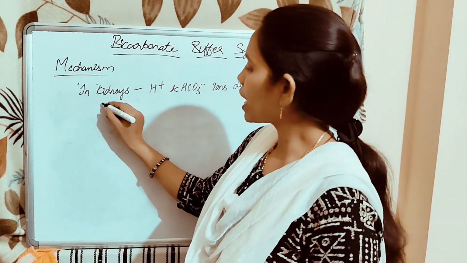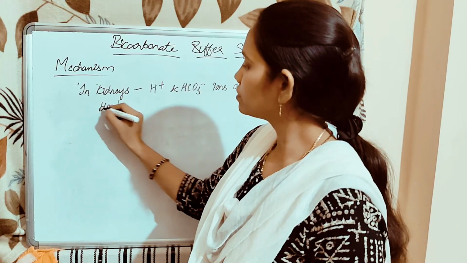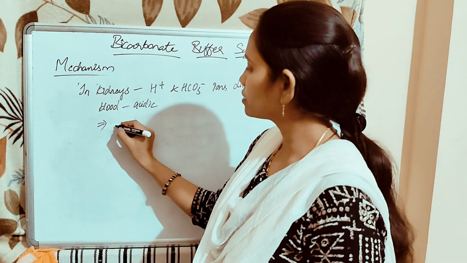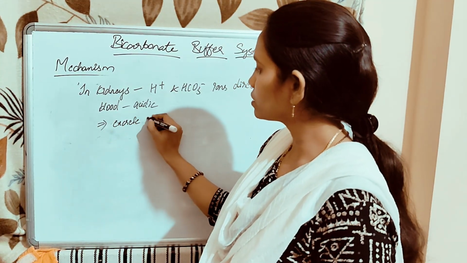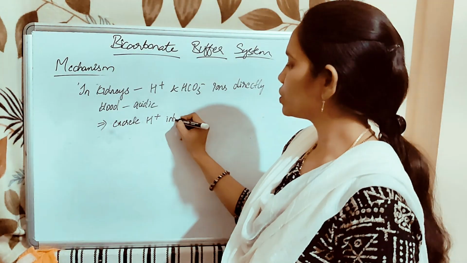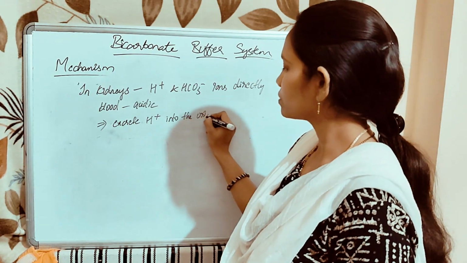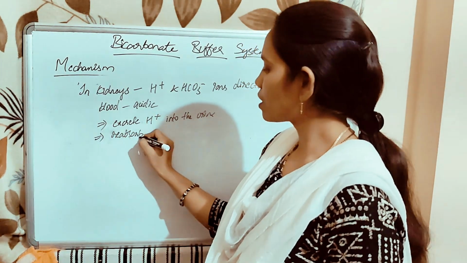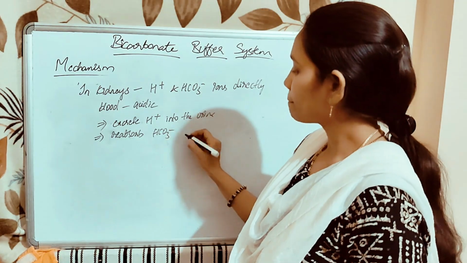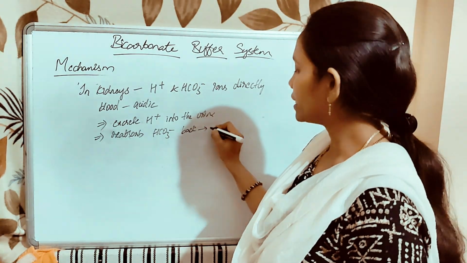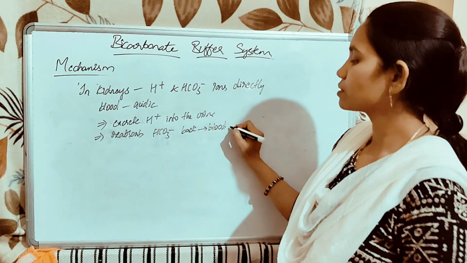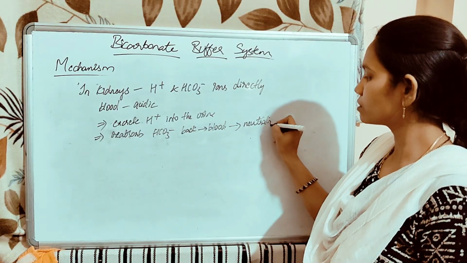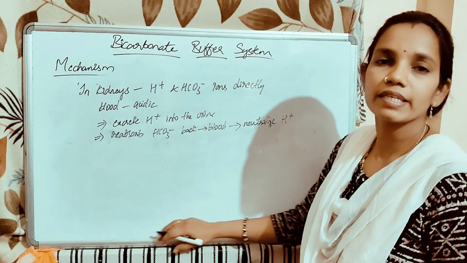If the blood is too acidic, kidneys excrete H plus ions into the urine and they reabsorb bicarbonate ions back into the blood to neutralize H plus ions.